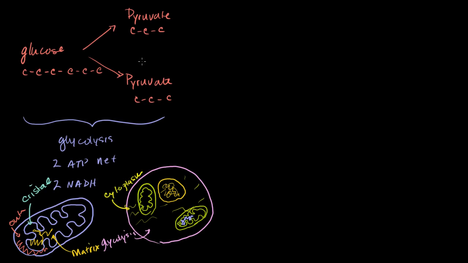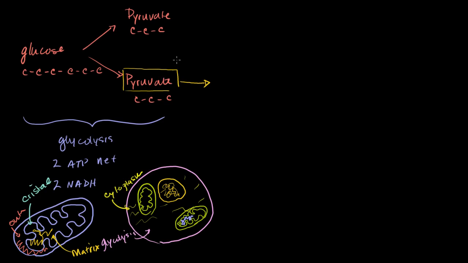Now, you have these pyruvates. They're not quite ready for the Krebs cycle, so how do you make them ready? They actually get oxidized, and I'll just focus on one of these pyruvates. We just have to remember that this happens twice for every molecule of glucose. So we have this preparation step for the Krebs cycle.